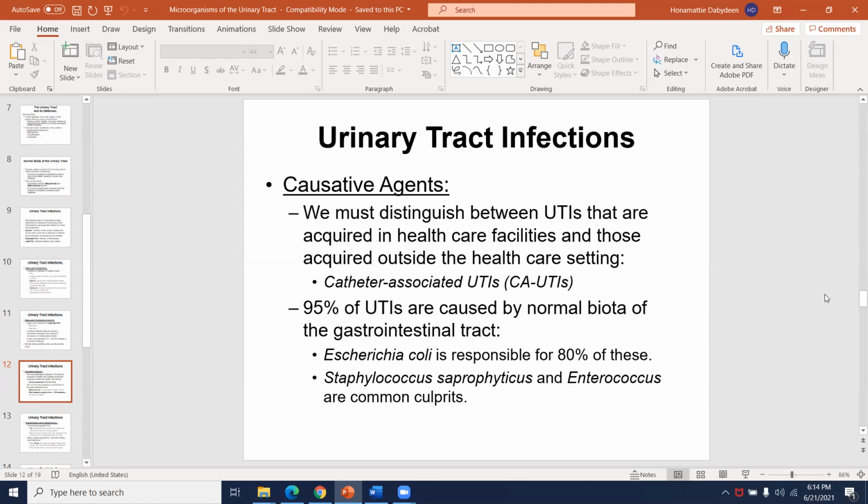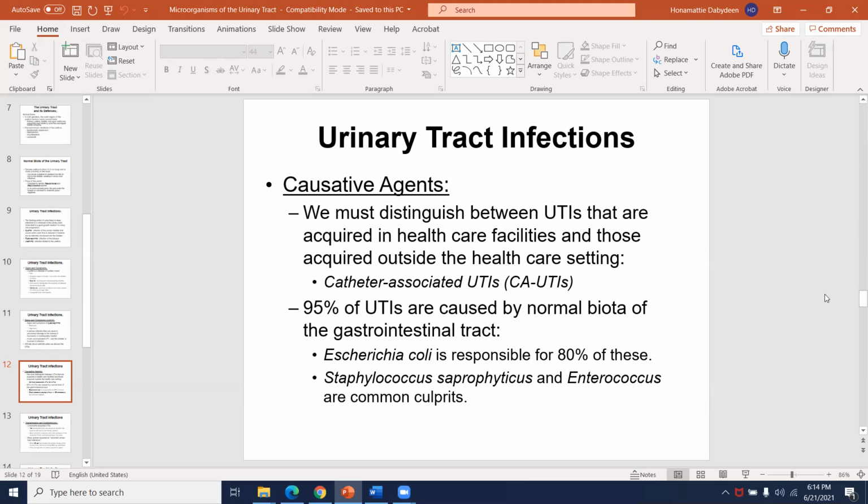What do we find most in the GI tract that will cause your problem is E. coli. A lot of the urinary tract infections that when we cultivate in the lab, we're going to end up with E. coli. Next in abundance is actually Enterococcus faecalis. And then you're going to have some Staph saprophyticus and some of the other organisms there.